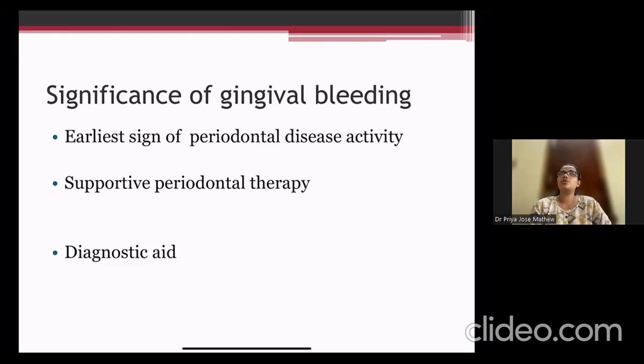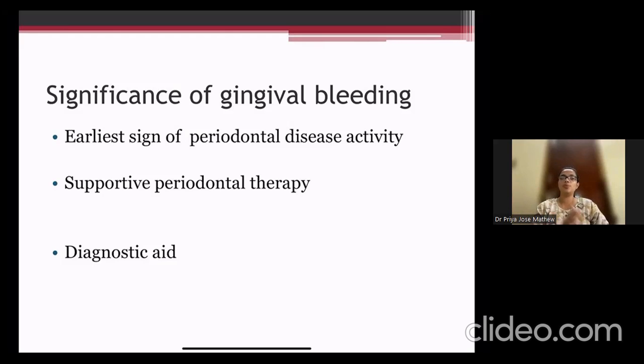Now, also after doing the periodontal therapy, we have something known as supportive periodontal therapy. When the patient is recalled, according to Merin's classification, say for 3 or 6 or 12 months, we will do recall assessments like gingival bleeding assessment, pocket marking, mobility assessment, and occlusal correction.